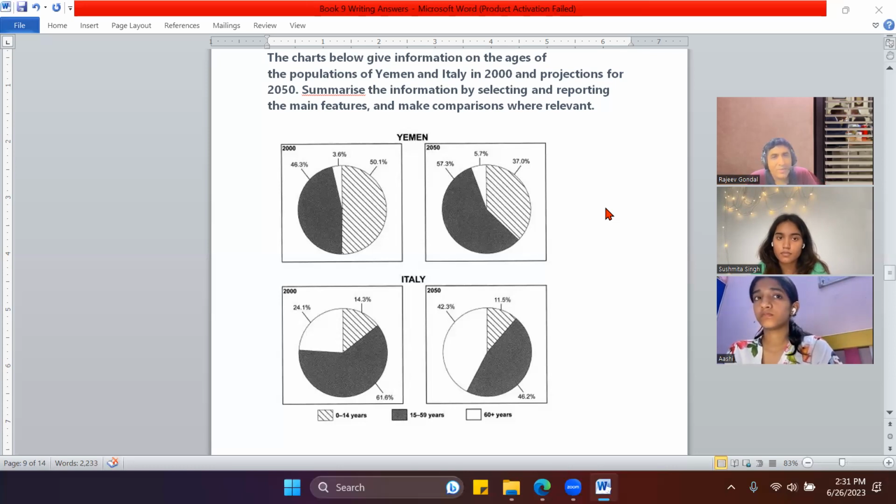So one is 50, one is 46, you can always talk about it. And 60 plus years was a small group, so you don't even have to give the number.